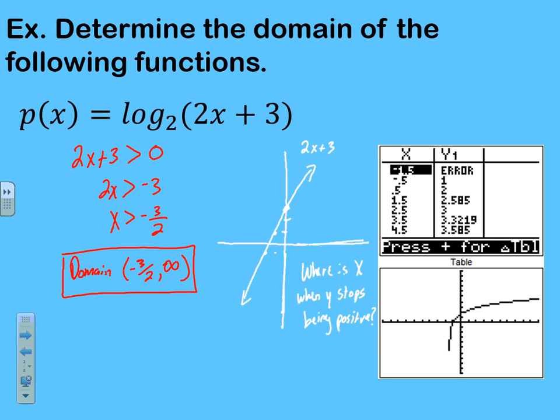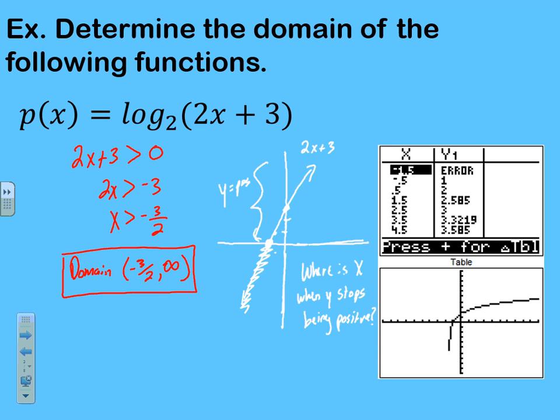So that means everything that is below 0 on the y-axis, we wouldn't actually worry about in terms of how we're looking at this function to determine what the domain is. So all we really care about is where y is positive. And I want to know at what point on the x-axis do I stop being positive, because that tells me where the domain ends.